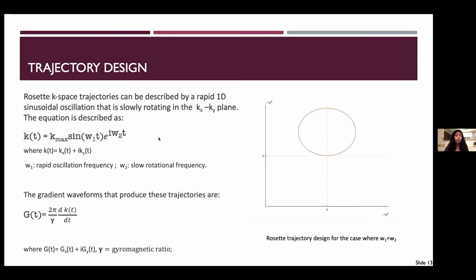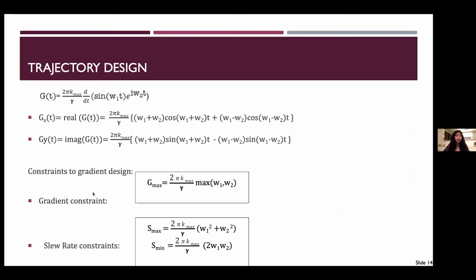We first start with the k-space equation, and after we have the k-space data points, we calculate the gradient waveforms. The gradient waveforms are complex, so we obtain the real and imaginary parts, and our focus is the real part of the gradient.